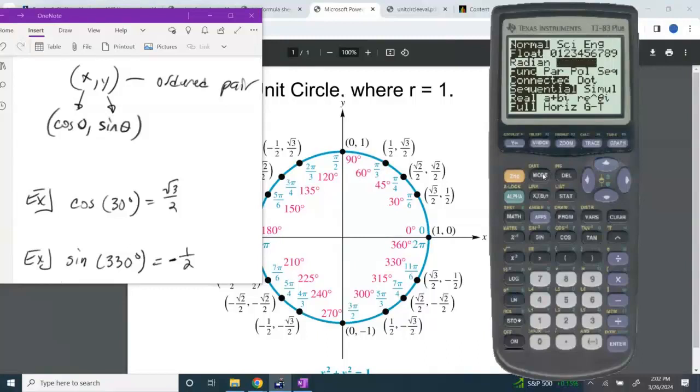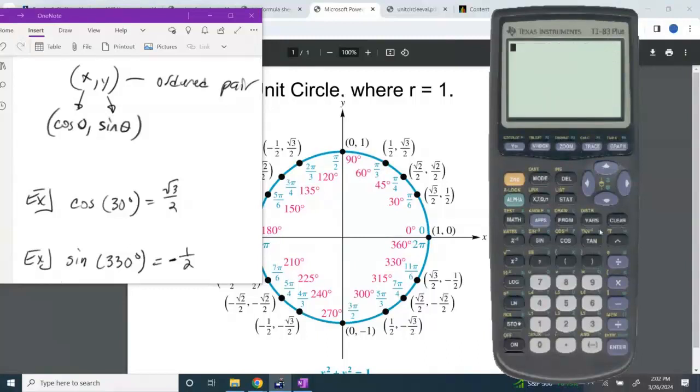So now that I'm in degree mode, I can put in the sine of 30 degrees. And notice it doesn't give me square root of 3 over 2. Oh, excuse me. I'm going to put in cosine of 30 degrees.